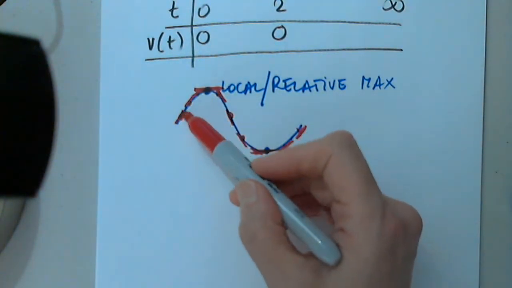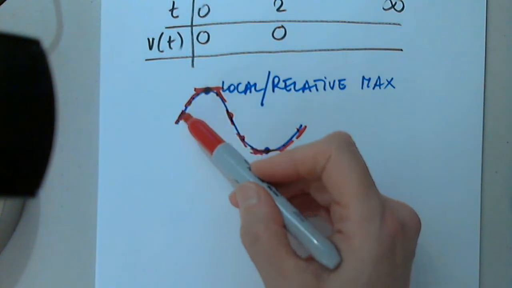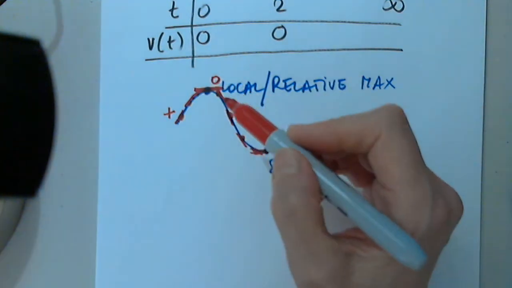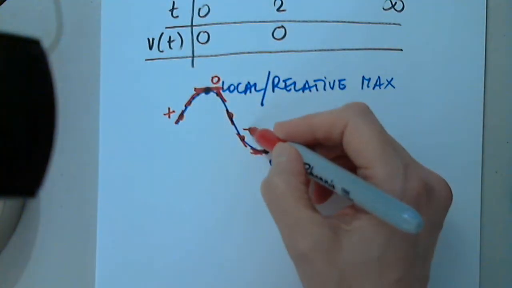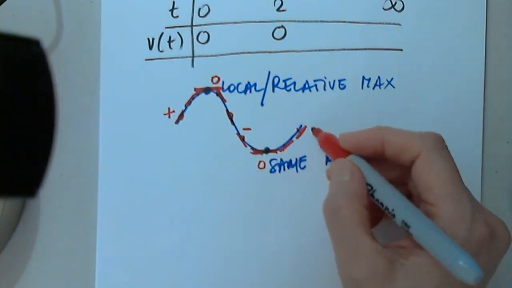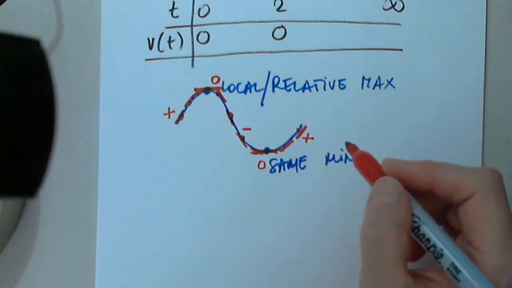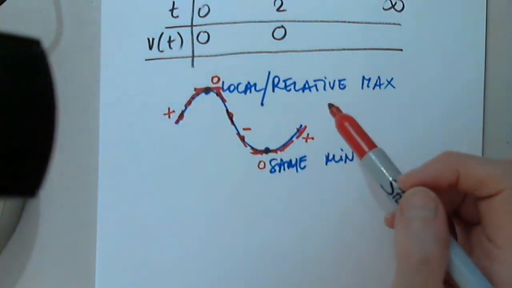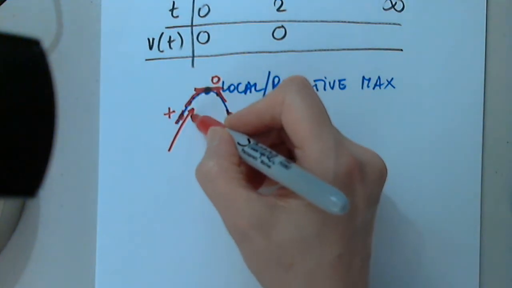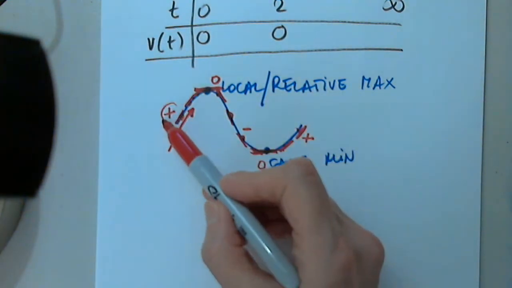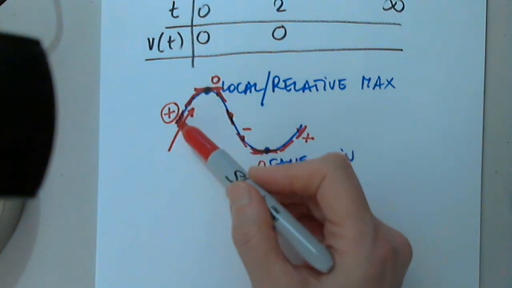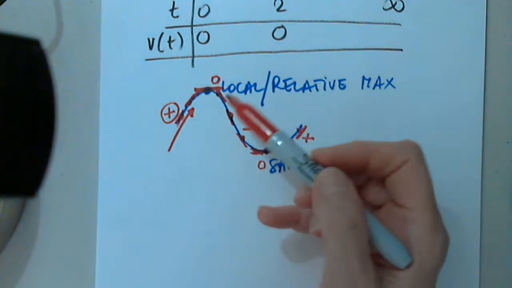So these tangents have a positive slope. The tangent here has 0 slope. All these tangents have a negative slope. The tangent here, 0. And all these have positive slope. So what this basically tells us is the function is increasing when its derivative is positive, because these tangents are given by the derivative at that point.